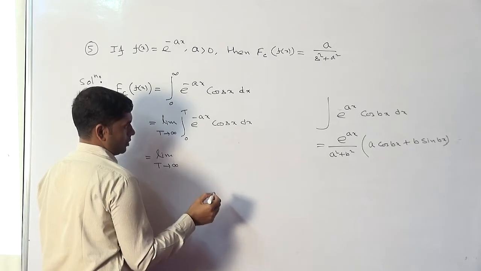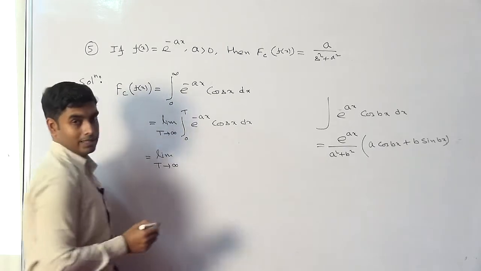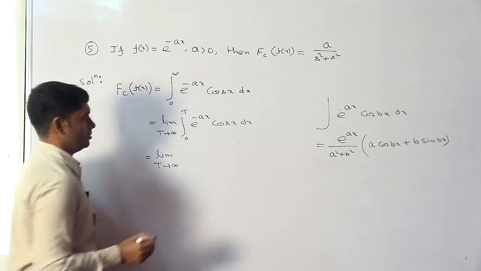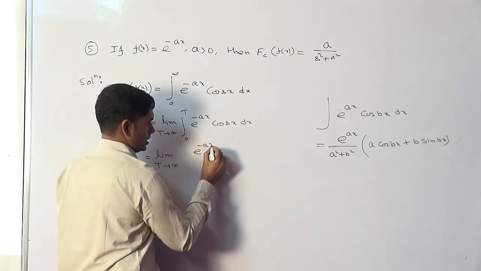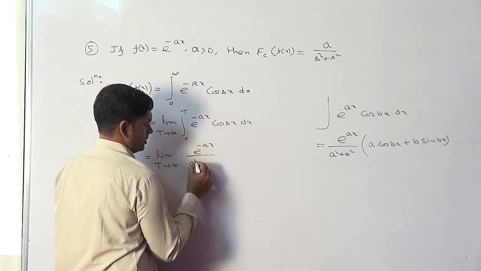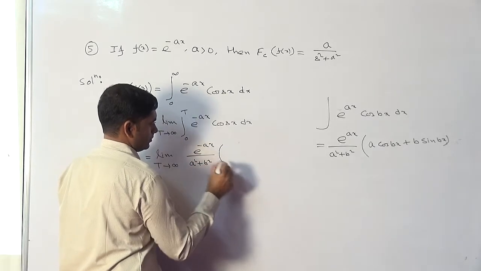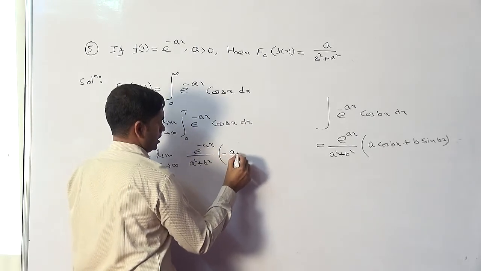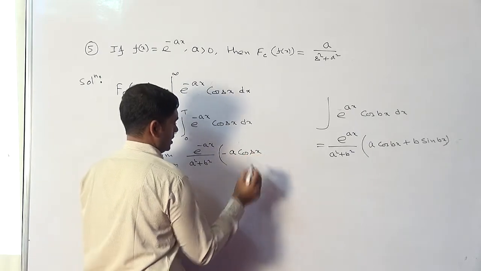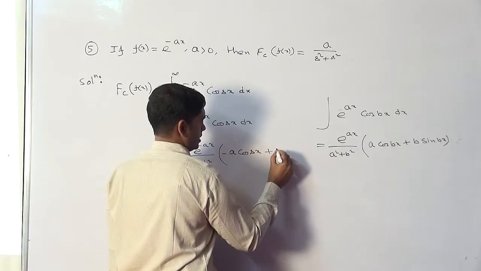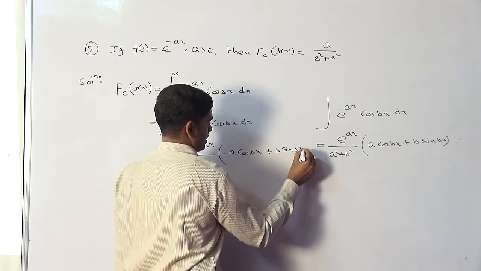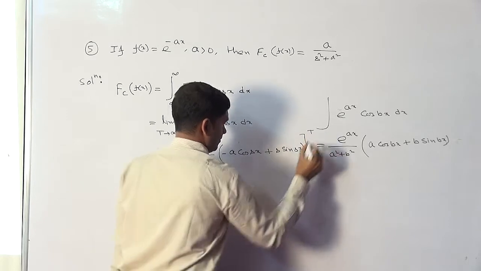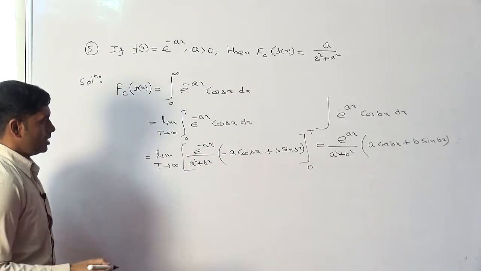By this formula, where a is minus a and b is s, it will be e to the power minus ax over (a squared plus s squared) times (minus a cos sx plus s sin sx), and the integration limit is 0 to t. Okay.